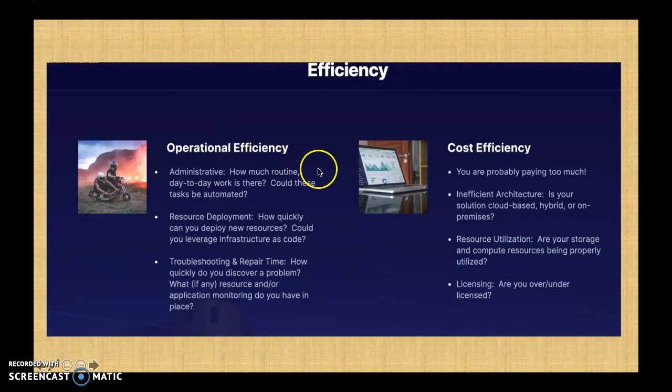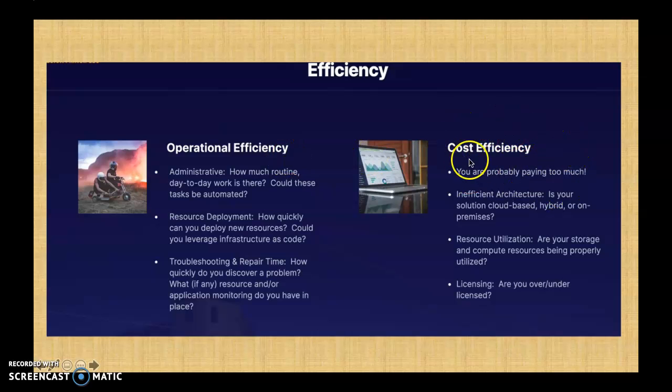Then operational efficiency and cost efficiency. By default, whatever operations are there can be totally automated: administrative tasks, resource deployment, or troubleshooting. The time spent on administration, resource deployment, and troubleshooting can be reduced by automation, policies, or procedural documentation.